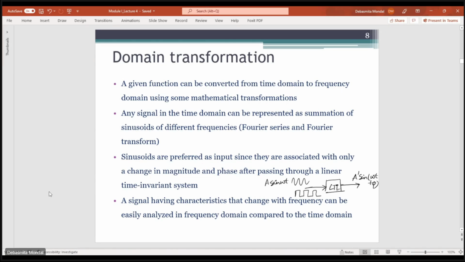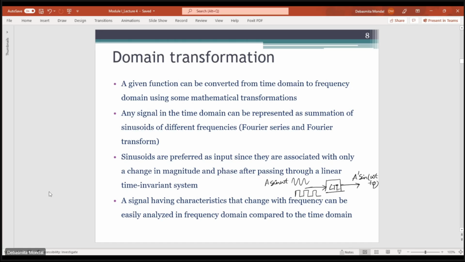So if a signal is given to you which has some characteristics that change with frequency, and you want to analyze the effect of a system on that kind of input, then if you represent the function in the frequency domain, it becomes easier to analyze the system compared to dealing with the time domain signal.